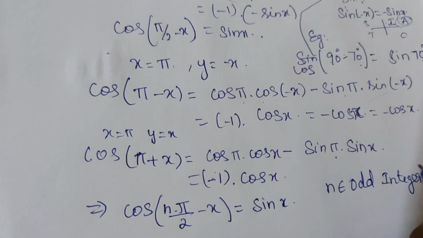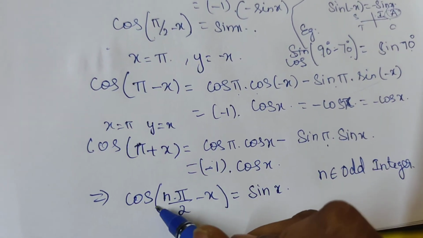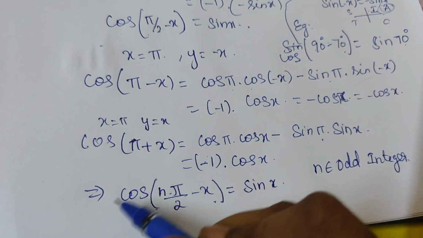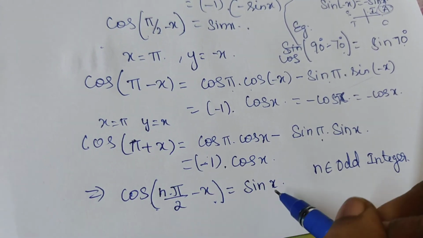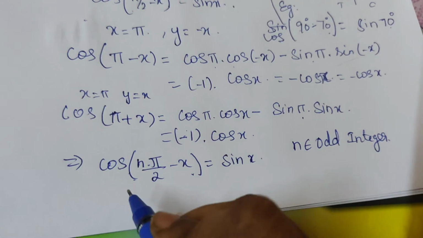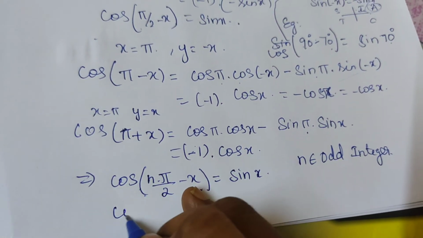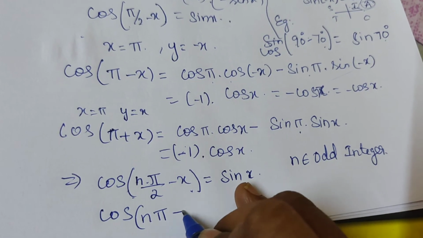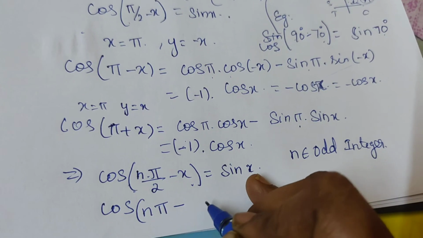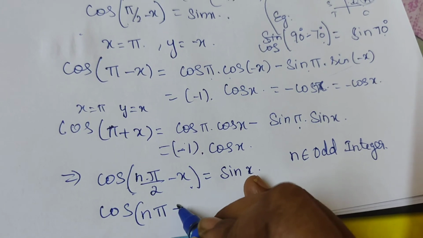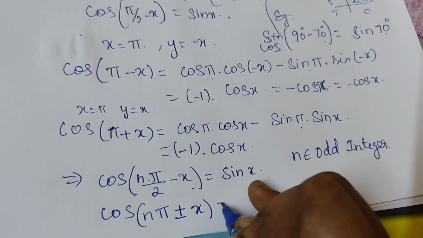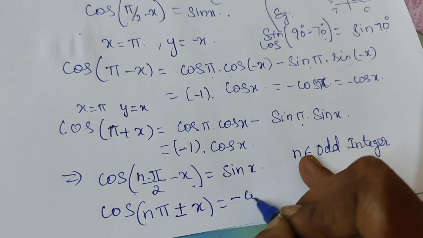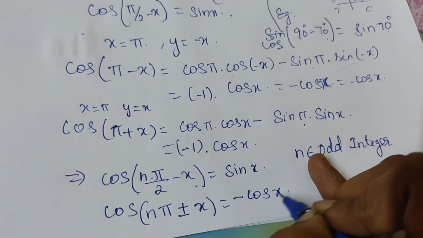Whenever n is an odd integer and the trigonometric function is given in this form, you can rewrite that function as a sine function. And whenever we get cos of n pi plus or minus x, we will get the same ratio, cos x or minus cos x.